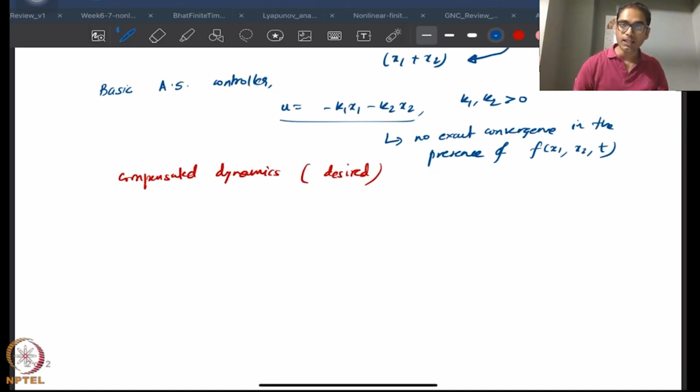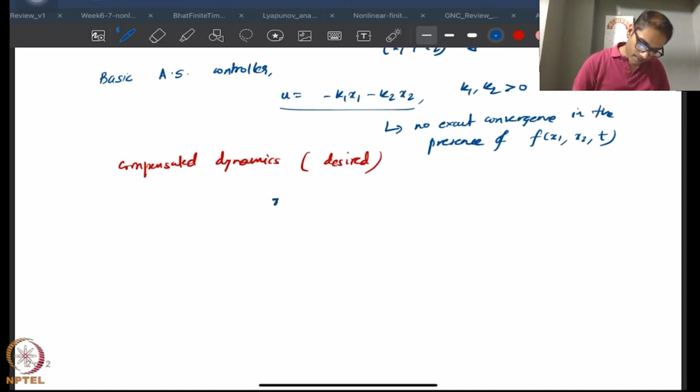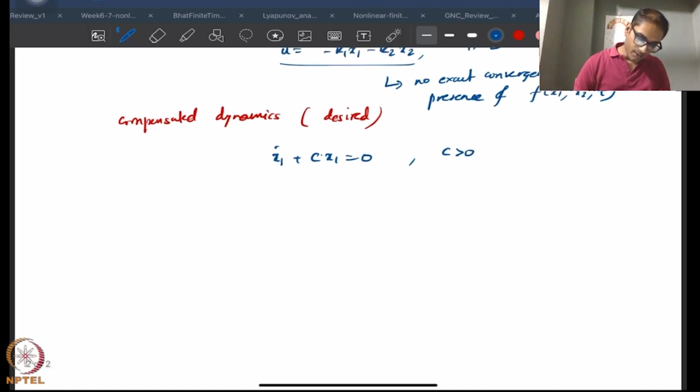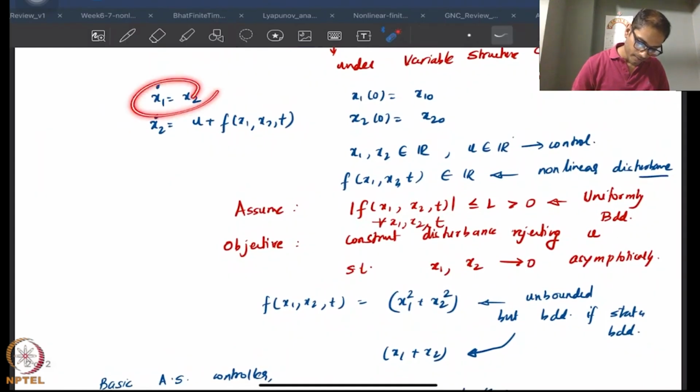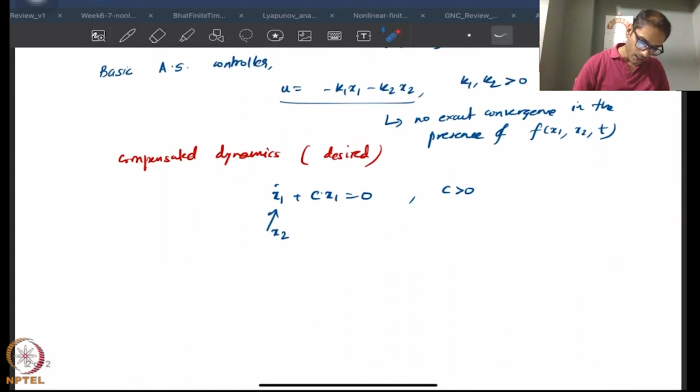This is not actually the case, but it is a desired dynamics, and we say x1 dot plus c x1 equals 0 for some positive c. It's easy to understand that x1 dot is actually x2 itself, because of how our dynamics is. So this is actually x2 plus c x1.